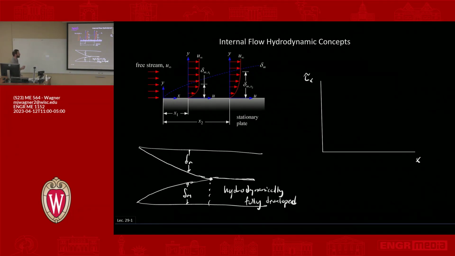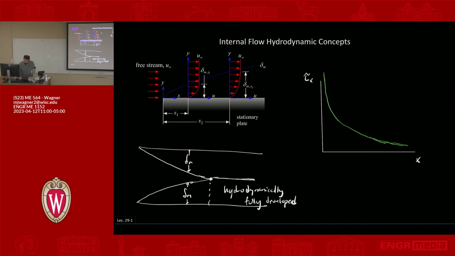At the leading edge of this plate, you're going to have an infinitely thin delta M, and so your shear stress is effectively infinite. But it quickly drops down and tapers off. Something like this. It's going to keep tapering off.